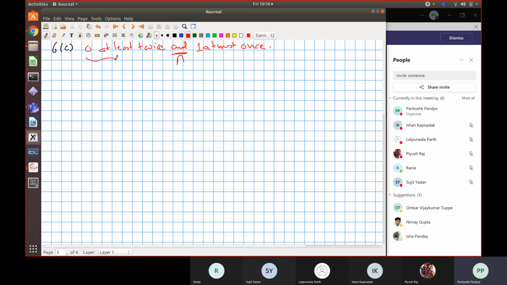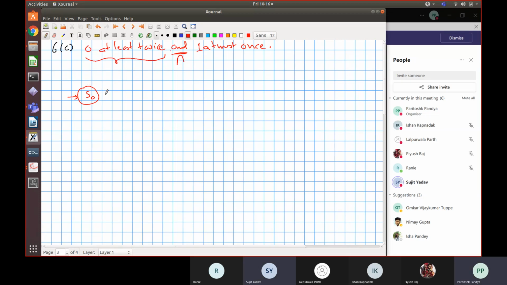So we want an automaton which will recognize this language. 0 should occur at least twice, and the alphabet is 0, 1. So of course the start state will be S0. Hello, Piyush, you are not there. Sujit? Oh, yes, sir, trying.